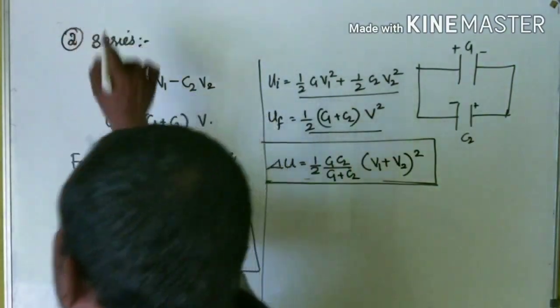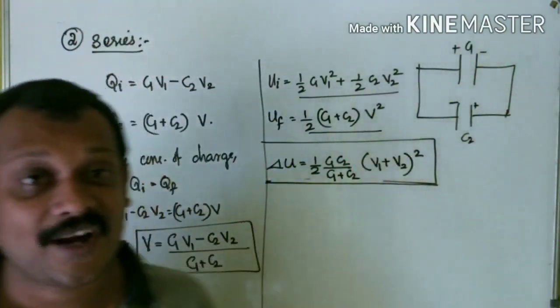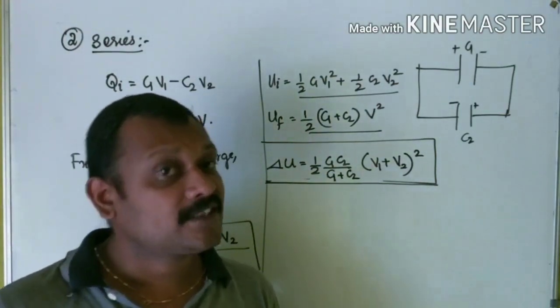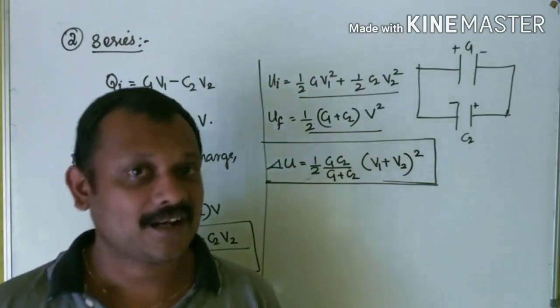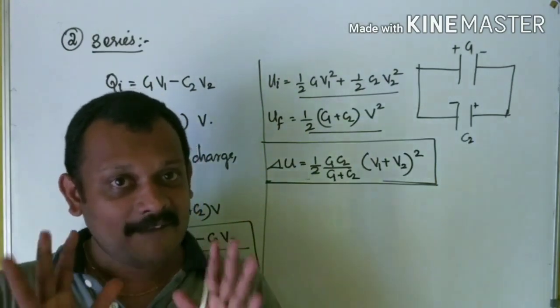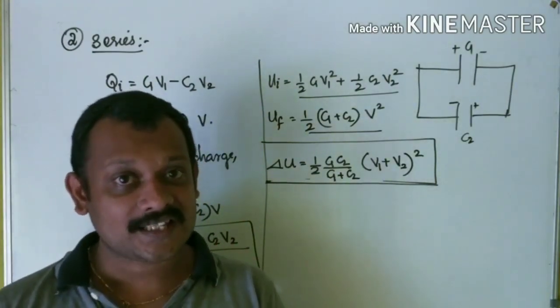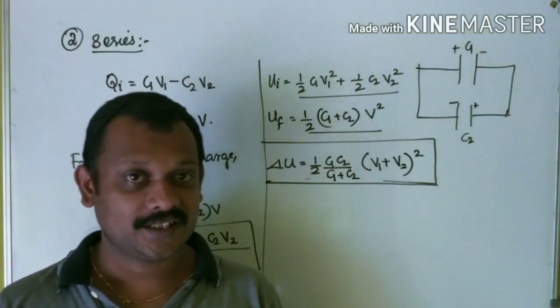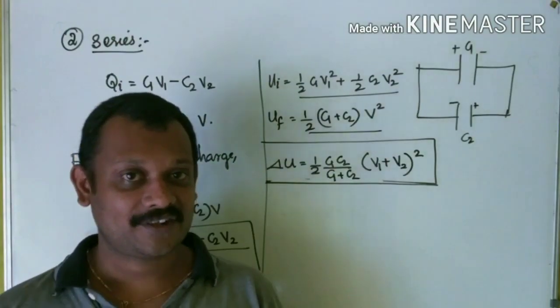So please understand the two combinations, series combination and parallel combination. Now the question comes: how do we identify whether the combination is series or parallel? Very simple. When two capacitors are arranged in such a way that the positive plates of the capacitors are connected together, it is a parallel connection.